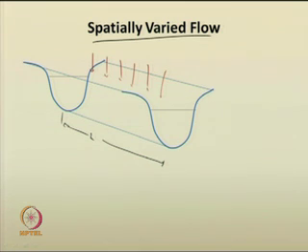So, that is causing changes in the flow. Therefore, it is called spatially varied flow. Similarly, if you are diverting water from this reach, then the discharges at section A1 and section A2 are different. They are also called spatially varied flow.